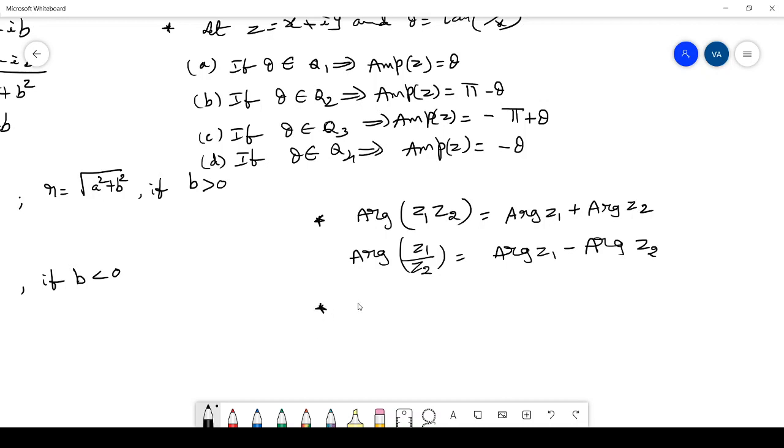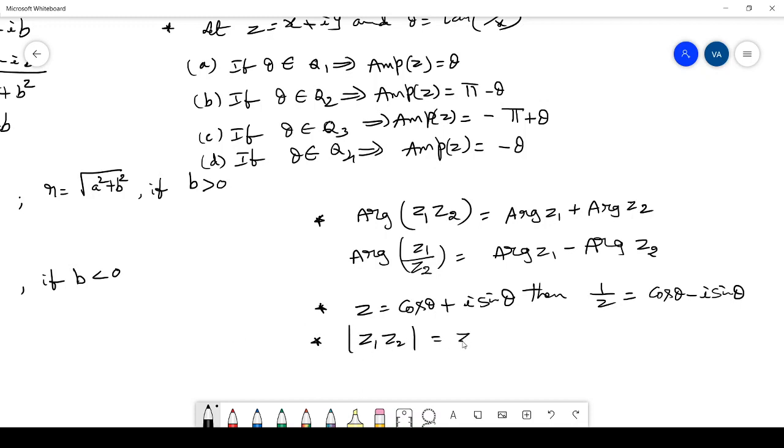Next point, z is equal to cos theta plus i sin theta, then 1 by z is cos theta minus i sin theta. The next point is the modulus of z1 z2 is modulus of z1 into modulus of z2.